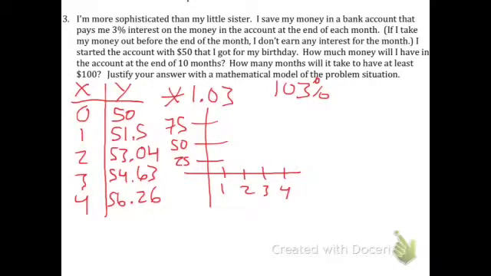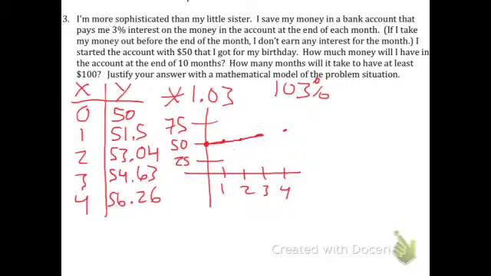On month 0 I'll start with $50. After 1 month you go up $1.50, which is like so. After 2 months you're looking at not actually much of an increase. After 3 months, again, not really much of an increase, a little bit.